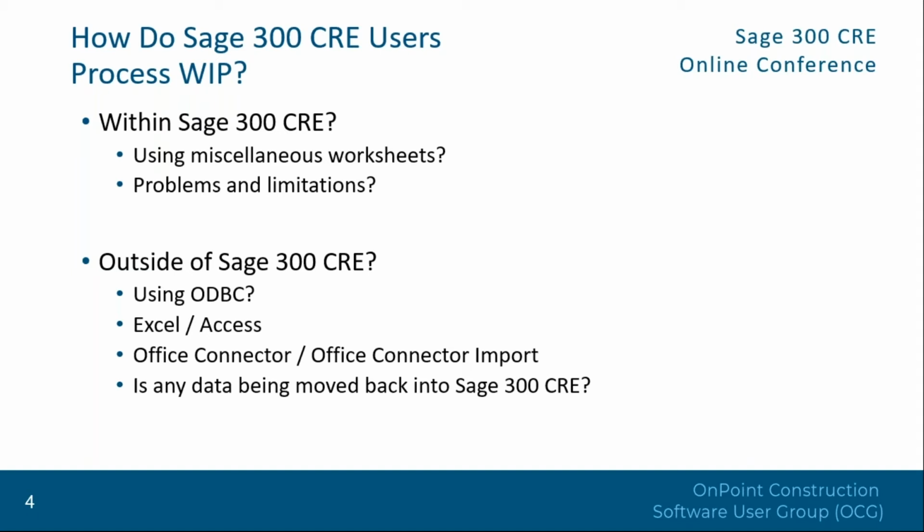The one thing that I have noticed in talking with people and in going over this is that with Office Connector, because they have this special import, you can actually import the data back into Sage. But what I have found, at least in my own personal experience in talking to people, is most people are not doing that.